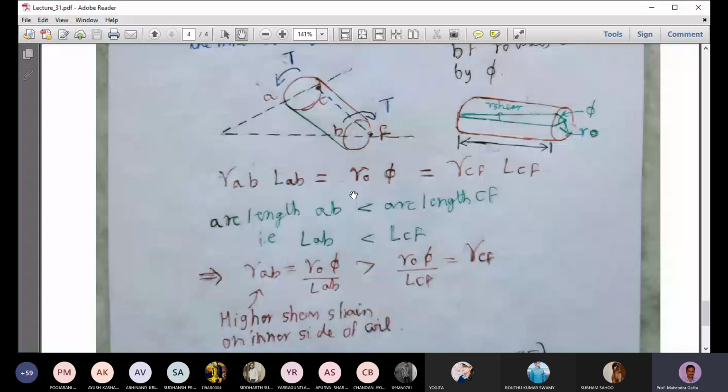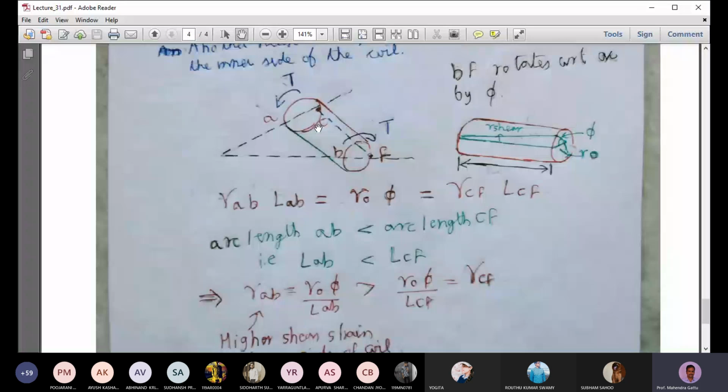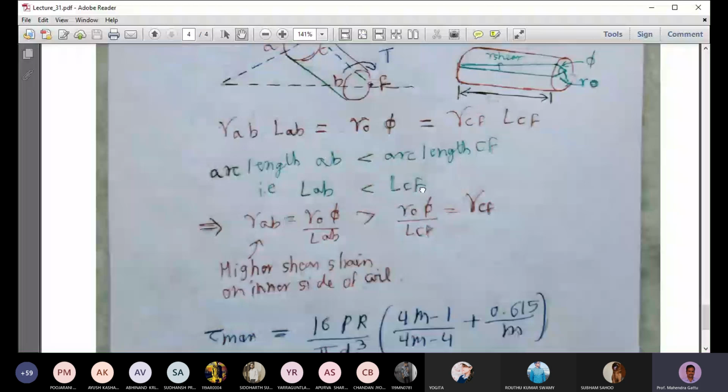But the main point is that this entire segment is part of an arc of a circle of radius capital R. AB is closer to the center compared to CF, so arc length AB will be less than arc length CF. That means LAB is less than LCF. So what will happen to the shear strain?